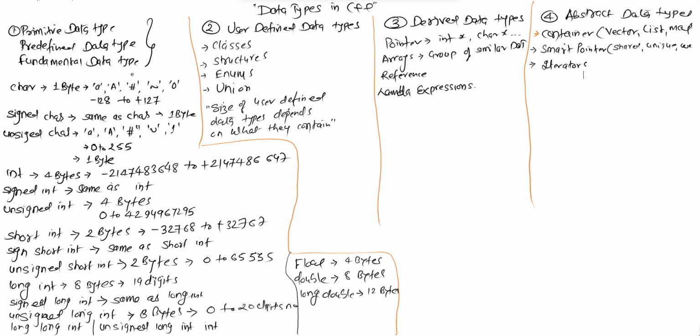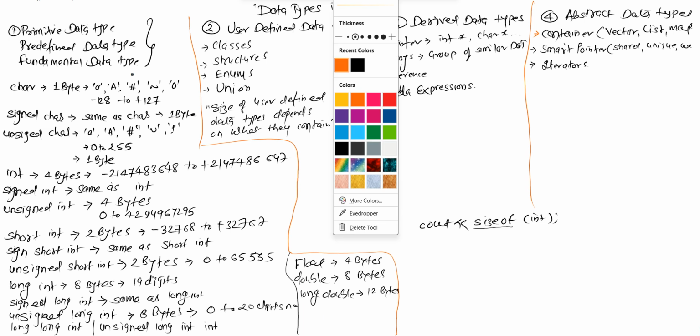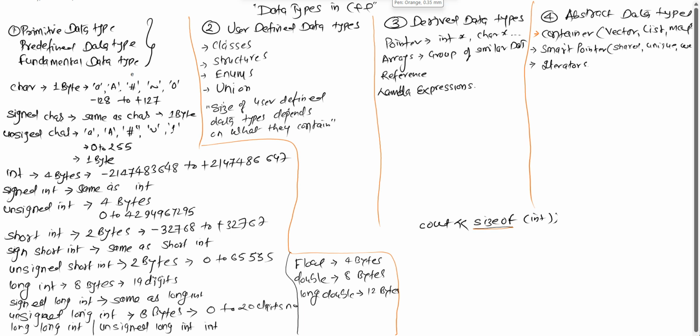Now, let's say if you do not want to remember how many bytes of memory each data type is taking, instead of remembering that, we can use sizeof. Let's say you want to find the size of integer. For that we have one operator, sizeof. Remember, sizeof is not a function, because sometimes people say it's a function since it contains parentheses, but sizeof is an operator.